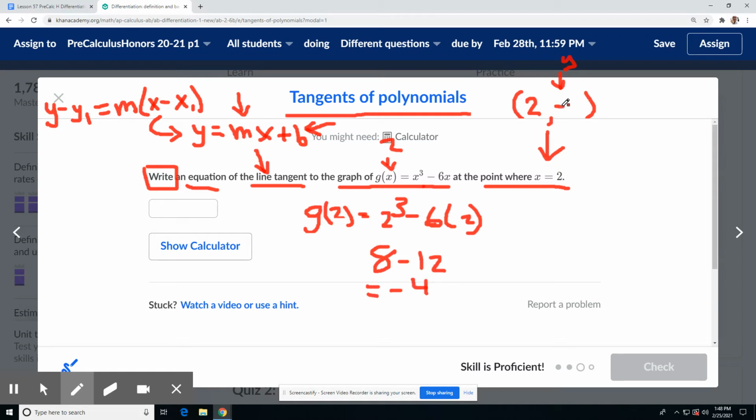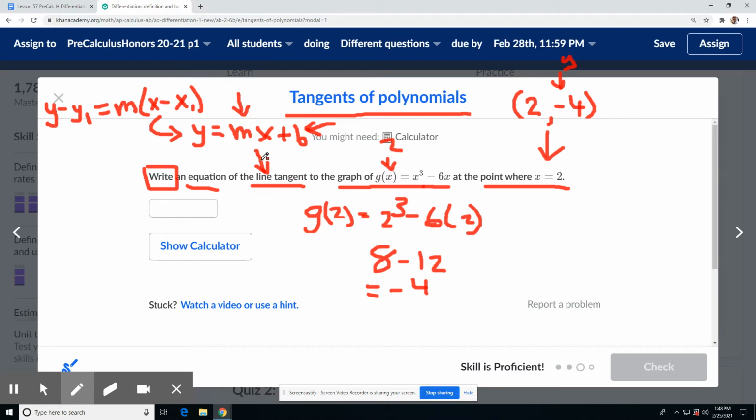So I got negative 4 as my point where this tangent line is touching the graph. It could touch it elsewhere with ups and downs, but that's our focus.